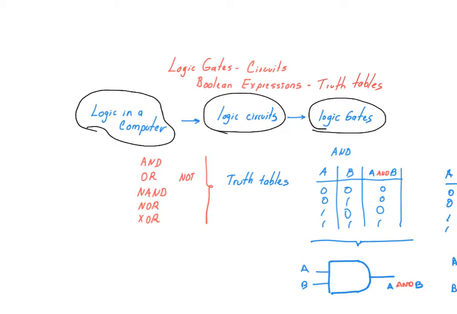And we also know that we have these six main or most important logic gates, which are AND, OR, NAND, NOR, XOR, NOT, right?